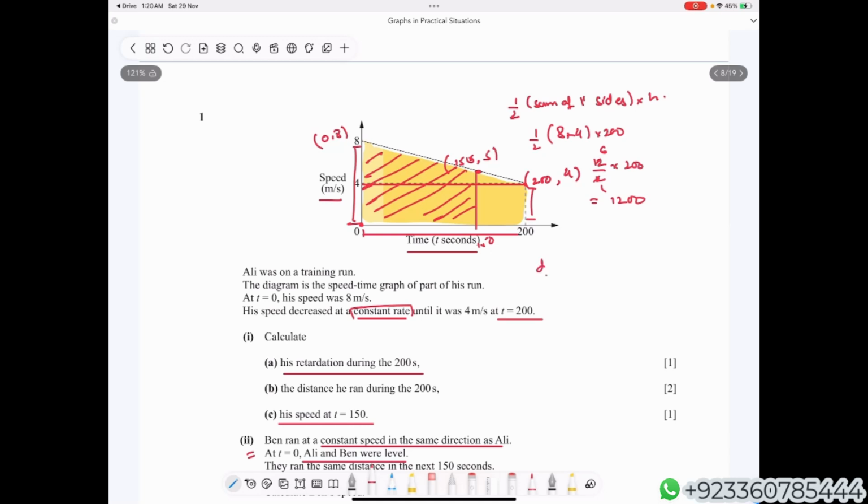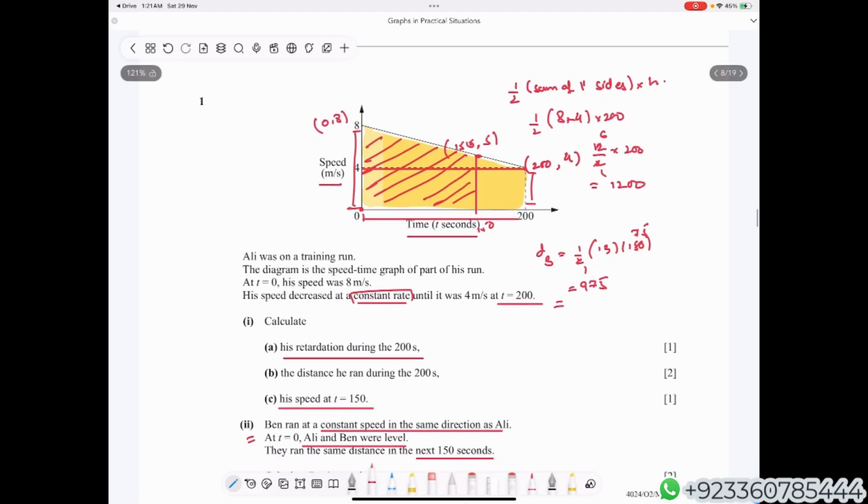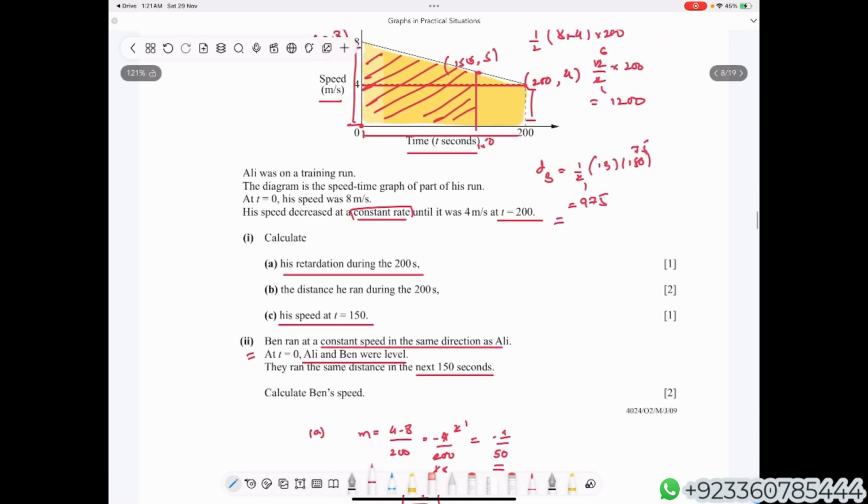So the distance for Ben will equal to half into sum of parallel sides, which this time is going to be 8 plus 5, which is 13, into 150. 2 1s are, 2 75s are. So this is going to be 75 multiplied by 13 is 975. So the distance that they both ran in the next 150 seconds is 975.